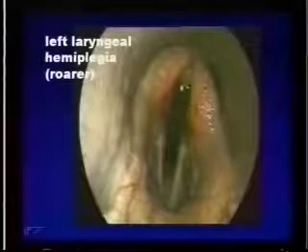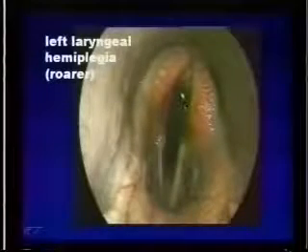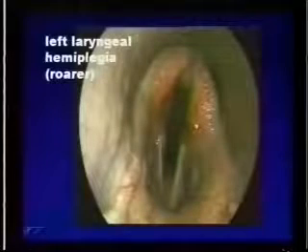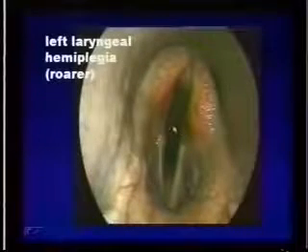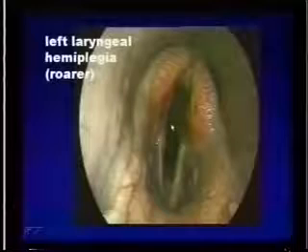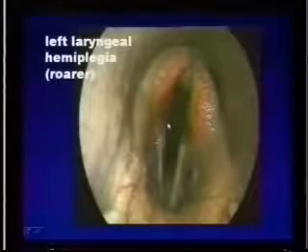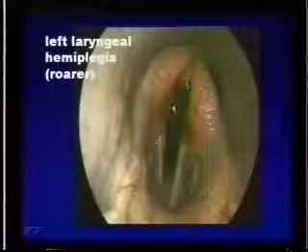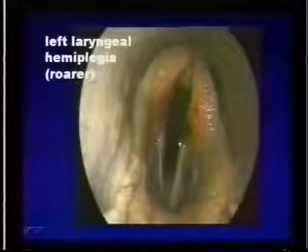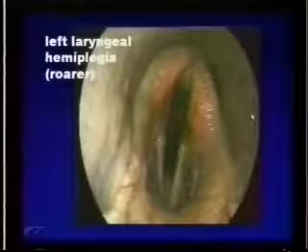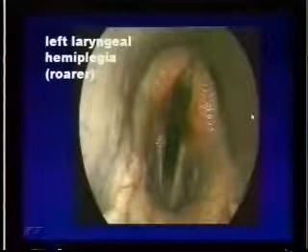Whenever the horse inspires, there's a negative pressure created within the airway, and this has the effect of drawing this paralyzed arytenoid cartilage into the airway and across the midline in some cases, and actually will obstruct this opening to the larynx, causing the exercise intolerance that the horse is presented for.